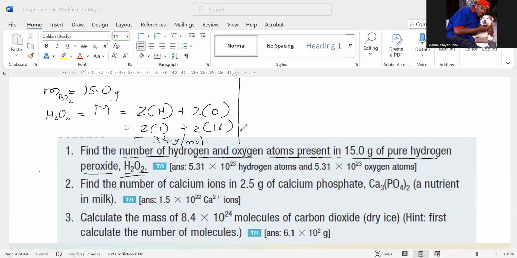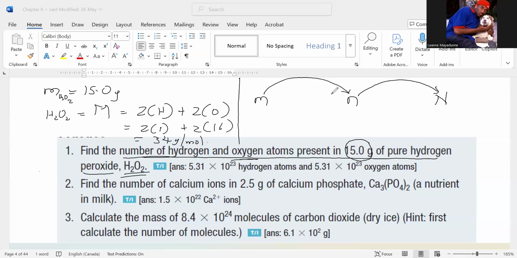Now the problem is we have been given the mass, and from that mass we are supposed to find out the number of atoms. Whenever we have that type of problem, mass will be converted to moles and moles will be converted to number of entities.